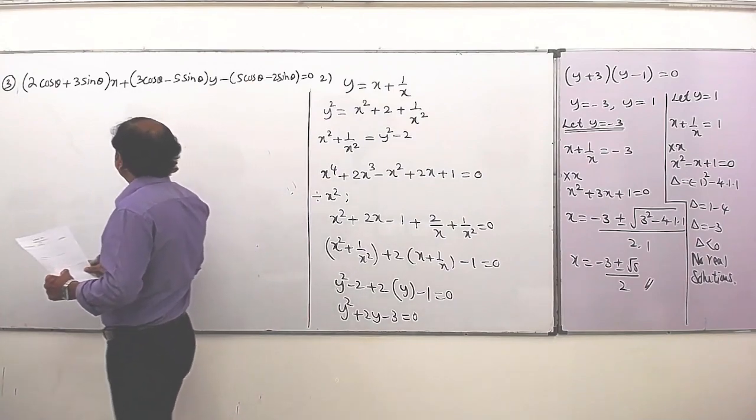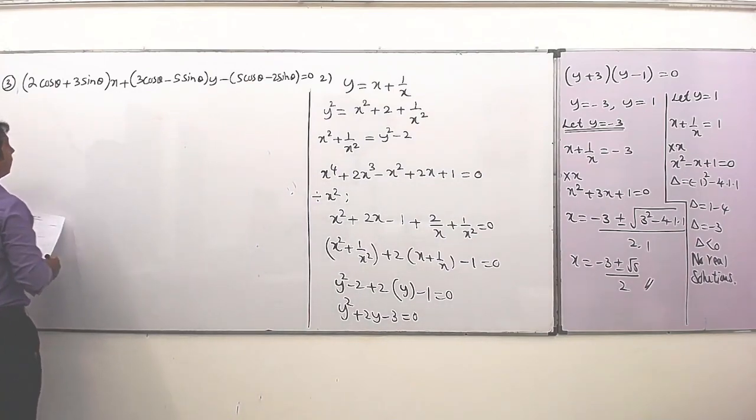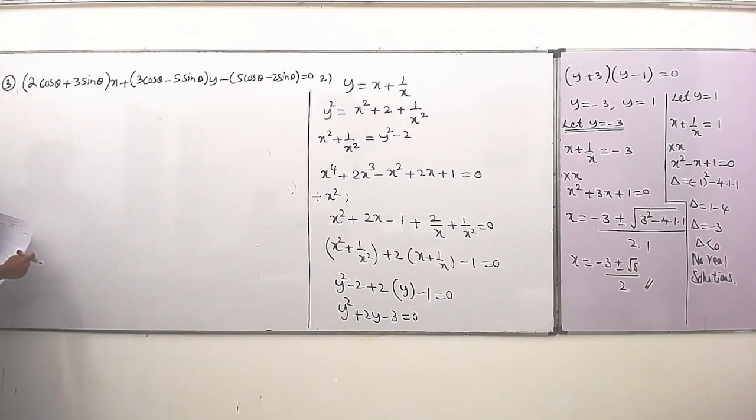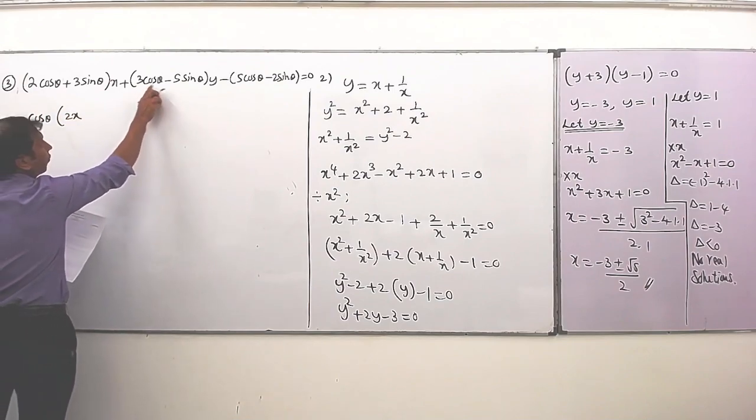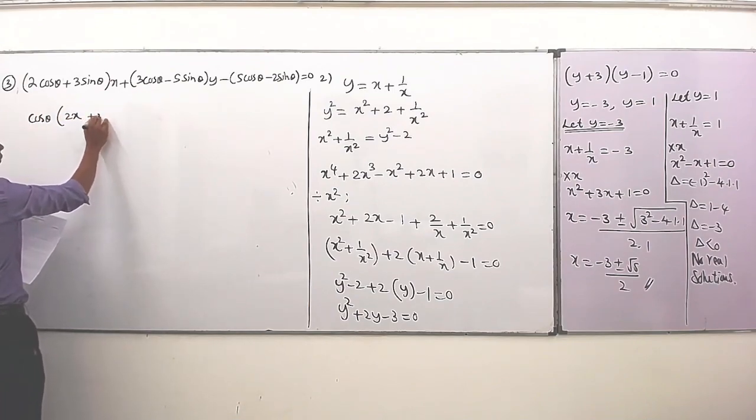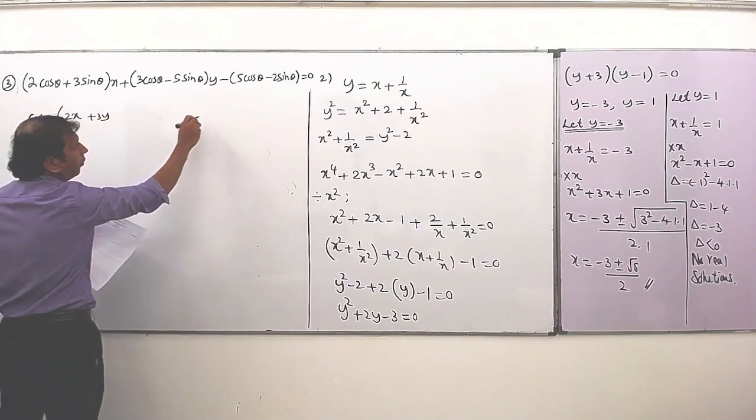I will take the sin theta terms together and the cos theta terms separately. I take cos theta out. Here we get 2 cos theta into x, 2x, 3 cos theta into y, 3y, minus 5.